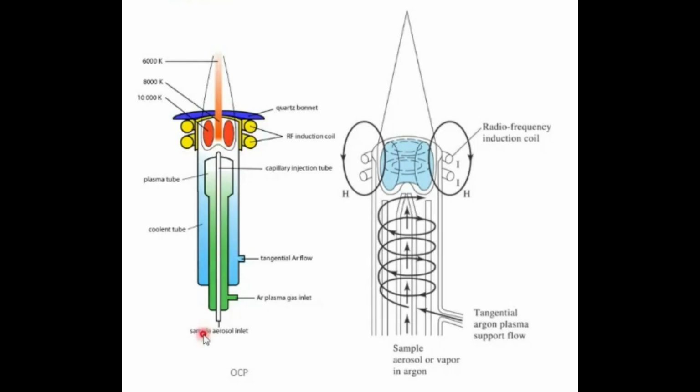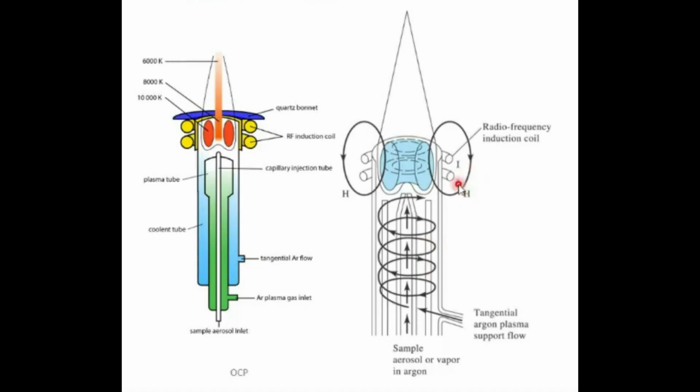Here the sample aerosol and argon plasma inlet are mentioned properly and separately, and here they're saying that the aerosol is already mixed with argon. So it is the same thing, and this is tangential argon flow, and this is also tangential argon flow. So this part is matching. It is like we are taking a cross section from here and looking over here.